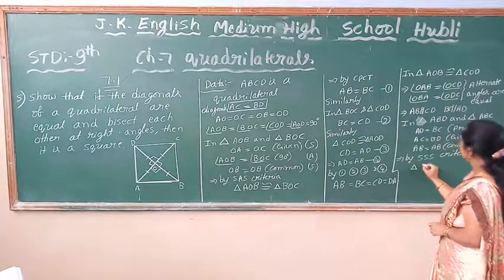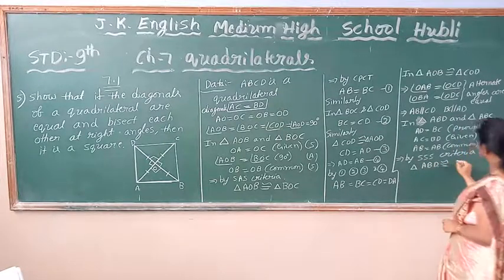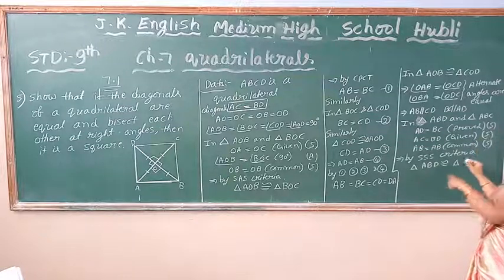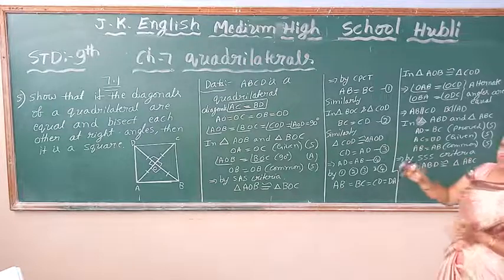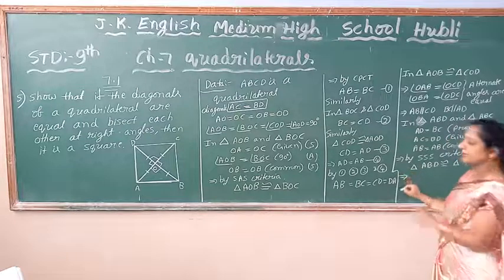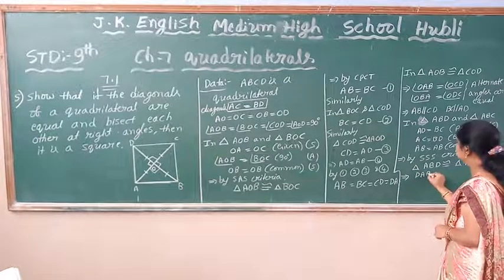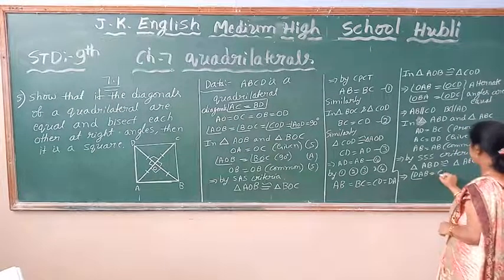Triangle ABD is congruent to triangle ABC. If these two triangles are congruent, automatically it implies corresponding angles are equal, that is DAB angle is equal to CBA angle.